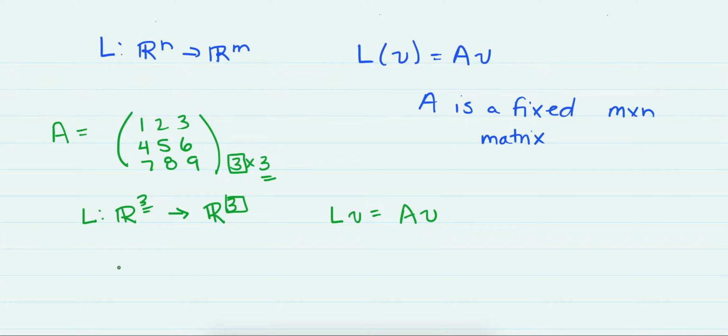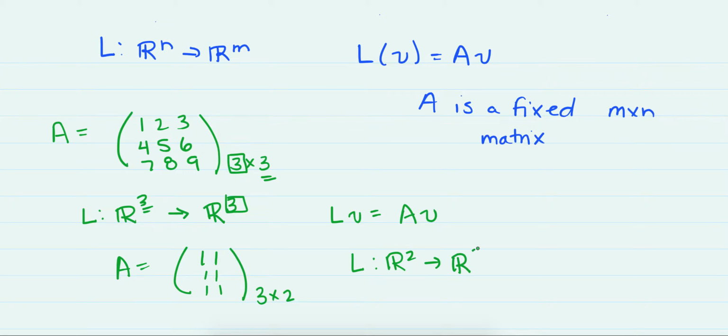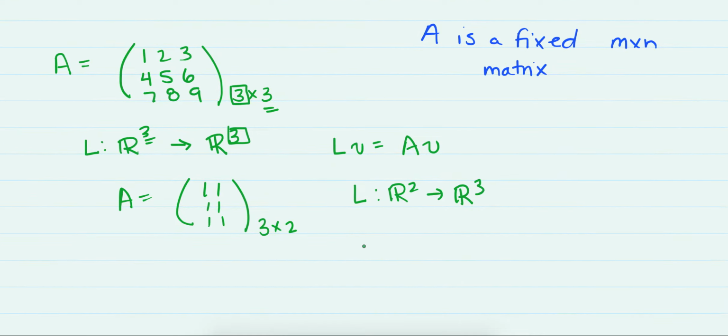So again, let's say A is, I think we did this one in one of the videos, a 3 by 2 matrix. So L would take R2 to R3. And in fact, we wrote this out in the first video.